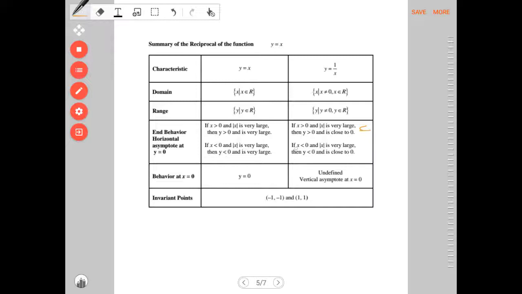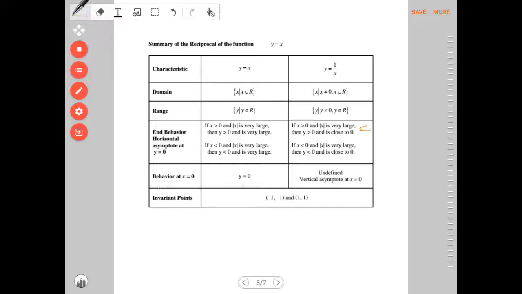When x is less than 0, so negative, but the absolute value is very large, then y is less than 0, so still negative, but it's very close to 0. So 1 divided by big is very small.